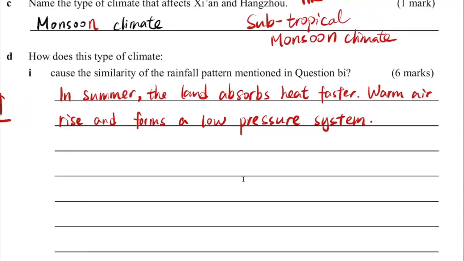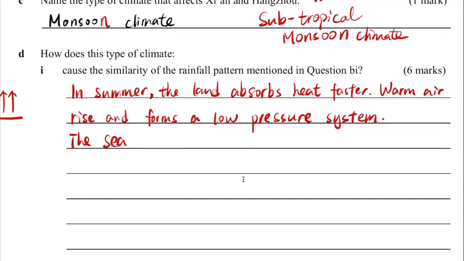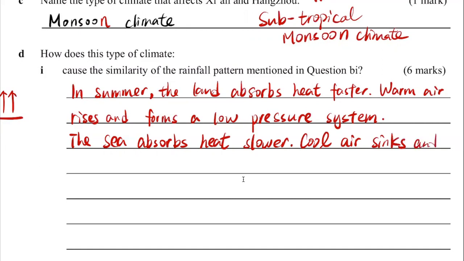And we should also tell people that the sea absorbs heat slower. So cool air sinks and forms a high pressure system.